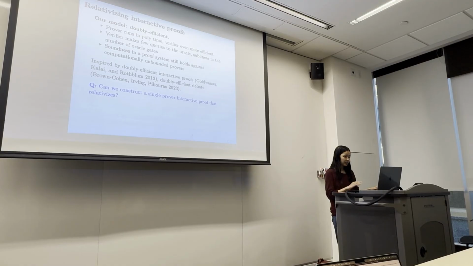We model the underlying computation as a circuit, and we require that the verifier makes a sublinear number of queries in the number of oracle gates in this circuit. In particular, this means that the verifier is not able to make all the queries he would need in order to perform this computation by himself.